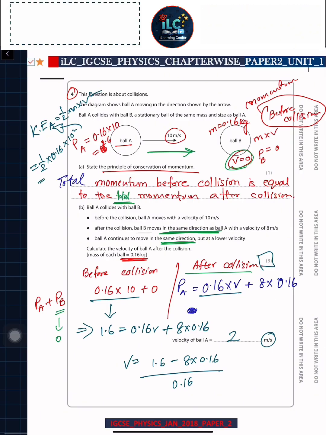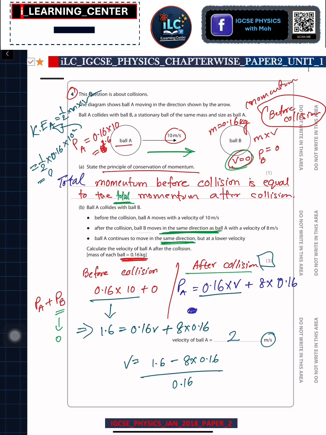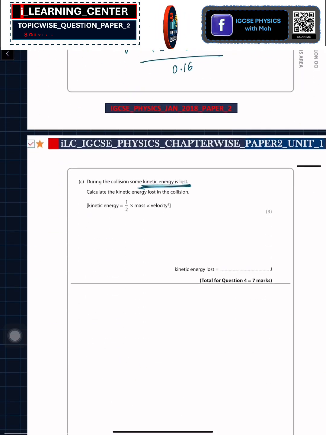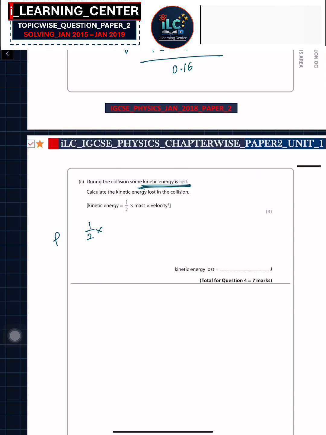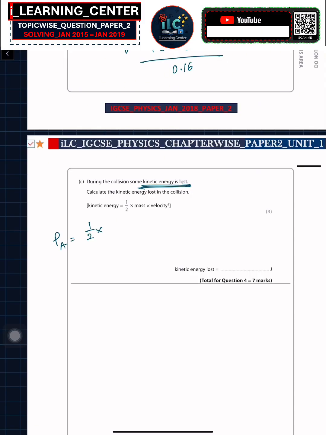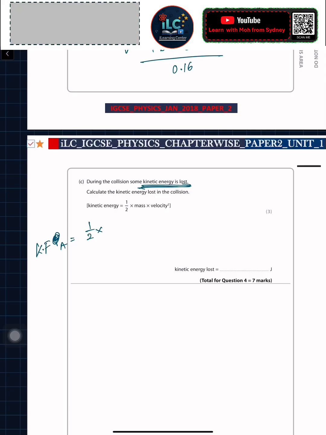This is equal to 8 joules, right? So I can say the kinetic energy of A before collision is equal to half times 0.16 times 10 squared, which is 8 joules.